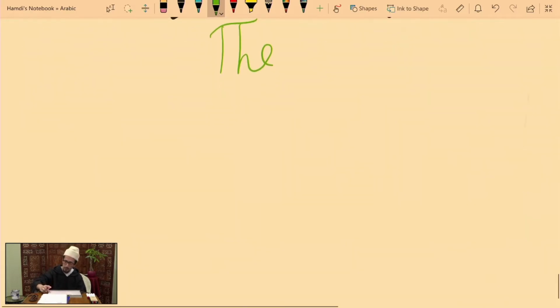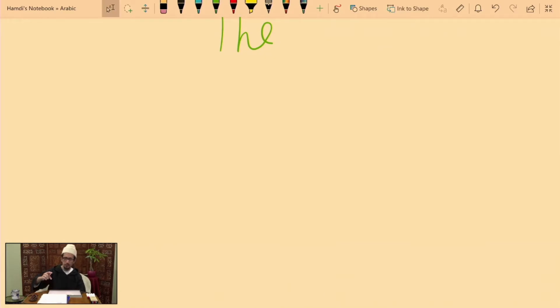Another verse from the Quran where we have definite words.